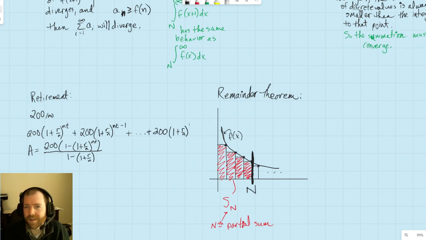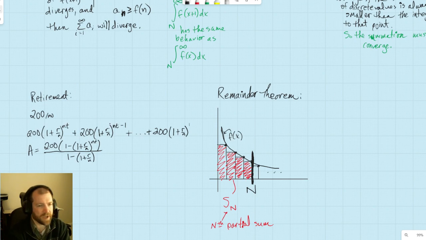All right, punk. Well, anyway, let's try that again. In the retirement process, if you're paying $200 a month into a particular retirement account, then the first payment you make is going to be $200 times the amount of interest you're going to get on that payment, so it's going to be (1 + r/n)^(nt).